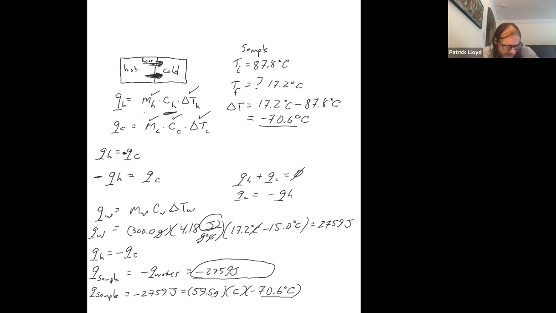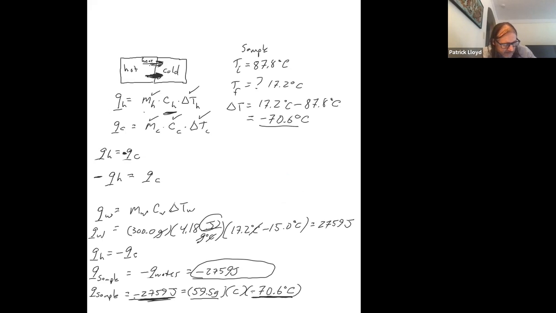So we have the mass of the sample, the change in temperature of the sample, and the Q of the sample, which is negative. Now, what can you do mathematically? If you have a negative value equals a negative value, you can multiply the equation by -1 and make it positive, right? So let's multiply everything through by -1.